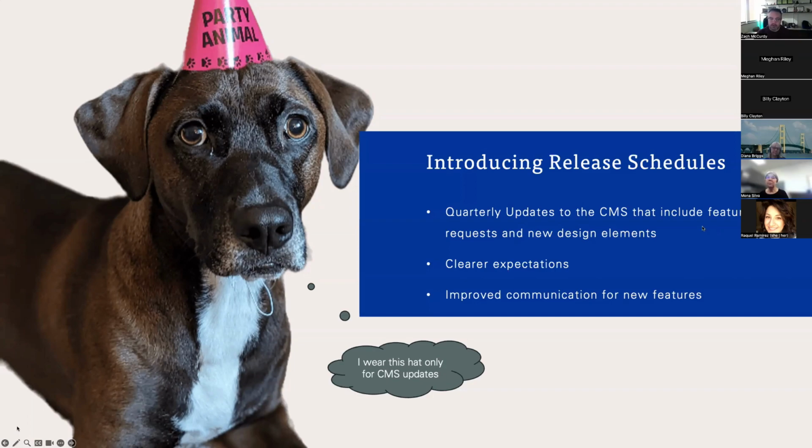Other things that we're going to be doing are design elements. So perhaps a different layout of the navigation items or different templates that you can use. We're going to be much more aware of those different things and releasing them on a regular schedule as opposed to just doing it as they come up.